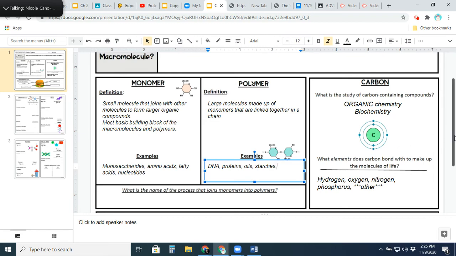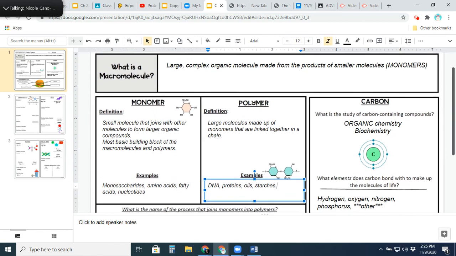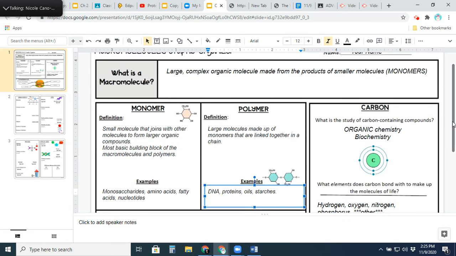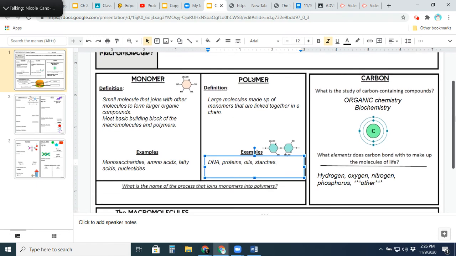All right, so ladies and gentlemen, now we can go back to our original definition. A large complex organic molecule made of the products of smaller molecules or monomers. So what this tells me is that all macromolecules, all life on Earth, must be carbon-based, okay? And that it is built of monomers. Monomers build polymers, and polymers build macromolecules. So you can think of it in that kind of hierarchy.